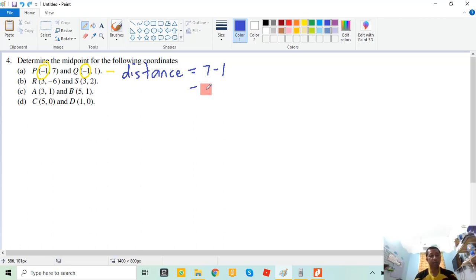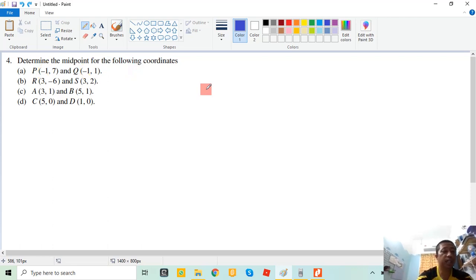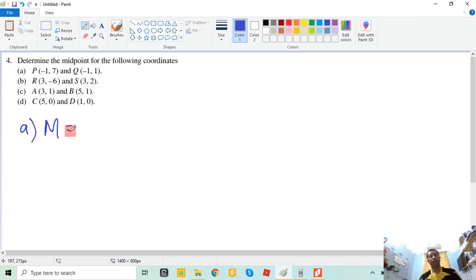However, I don't want to use that method. I want to use a formula. Okay. So let me show you how to find the midpoint using a formula. So let me start with question A. Okay, so for today's class, I use M as a shortcut for midpoint. M is the symbol for midpoint.